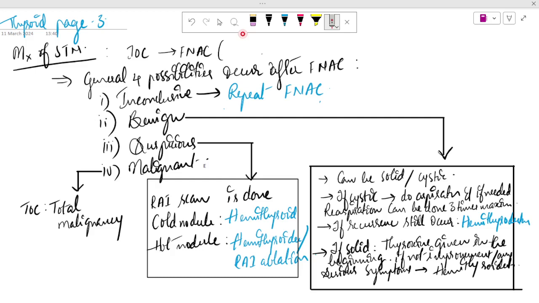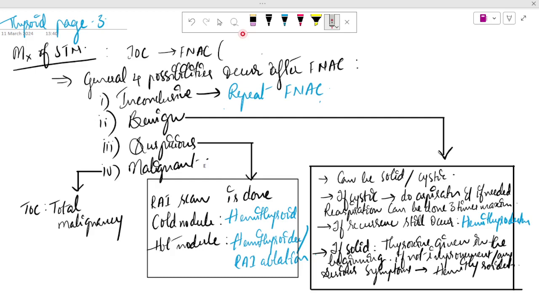During the investigation of FNAC, if the report comes back that the patient has a benign condition, you check whether it is solid or cystic. If it is cystic, you simply go for aspiration. If you want to repeat the aspiration after some time, you reaspirate again, like that.